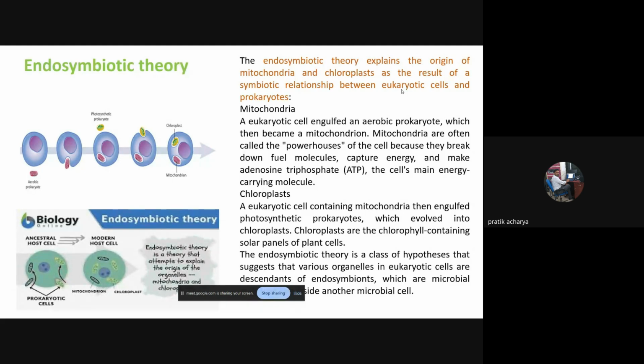Okay, just look at this picture. When photosynthesis was completely absent in the environmental condition, the cells generally looked for food. It was hypothesized that larger, bigger cells engulfed certain smaller bacterial cells.